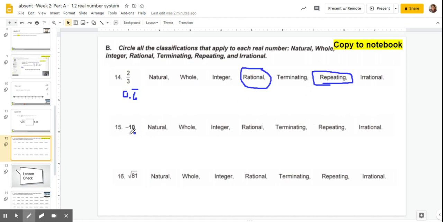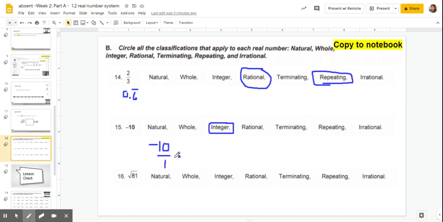For -10, I know it cannot be a natural number because that's not a counting number. It can't be whole, but it can be an integer because an integer can be any negative number of -1, -2, -3, -4, and so forth. Since it's an integer, I can write -10 as a fraction if I put it over 1.